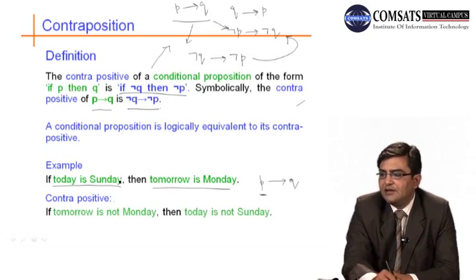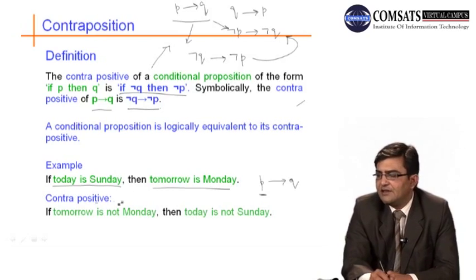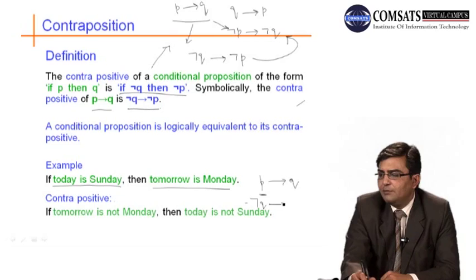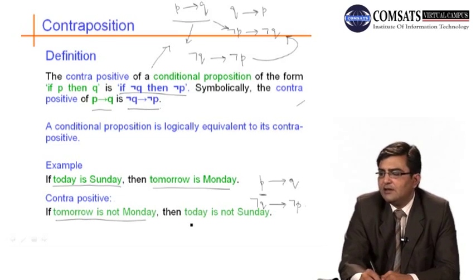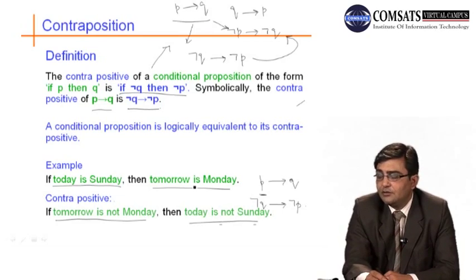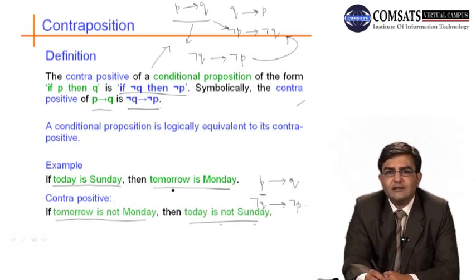If we take P as today is Sunday and Q as tomorrow is Monday, then we can write the contrapositive of this conditional statement as not Q implies not P. It means if tomorrow is not Monday, which is the negation of Q, then the negation of P, today is not Sunday. So this is the contraposition of the conditional statement P implies Q.